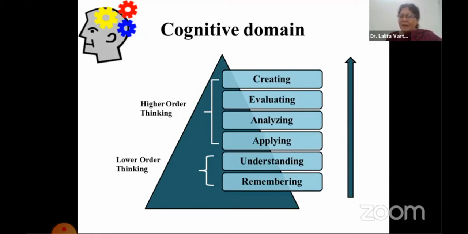With applying, analyzing, and evaluating, we help students learn to explore, and with creating, we make our students ready to do something new, to add something, to develop something, or to contribute something. Now let us look at each of these levels in a sequence.